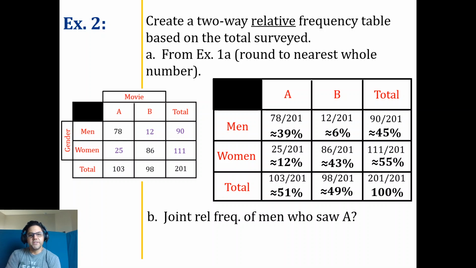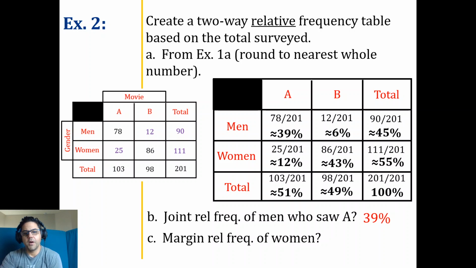So it says, what is the joint relative frequency of men who saw A? So obviously, we just look at category A, men, 39%. Marginal relative frequency.